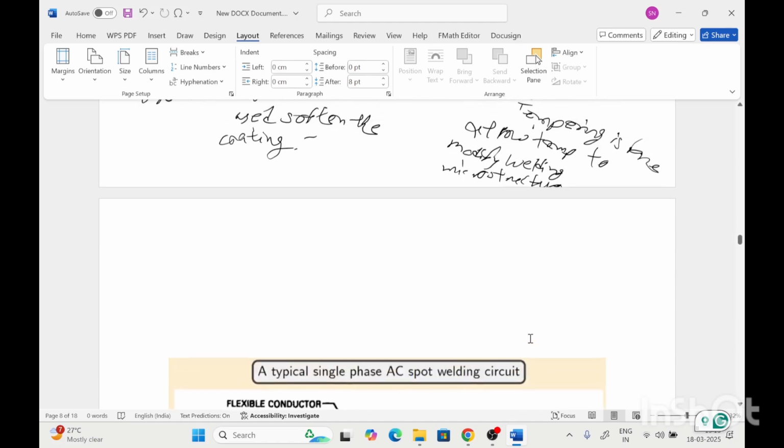So what is the variation when the thermal temperature gradient is high and low?